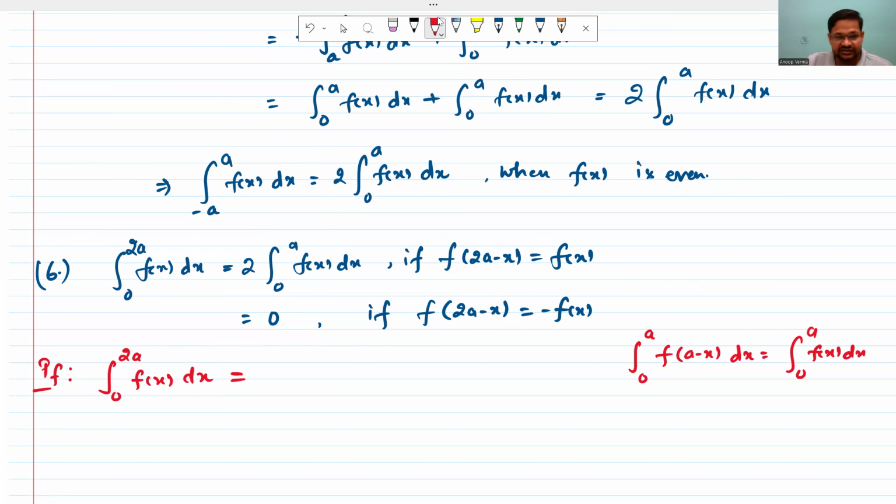So we can apply this limit. From here you can just have 0 to 2a, and this is f of 2a minus x, because in the place of a this is 2a. And now if you are choosing this one, you can have 0 to 2a, and in this place you can have negative times f(x) dx.